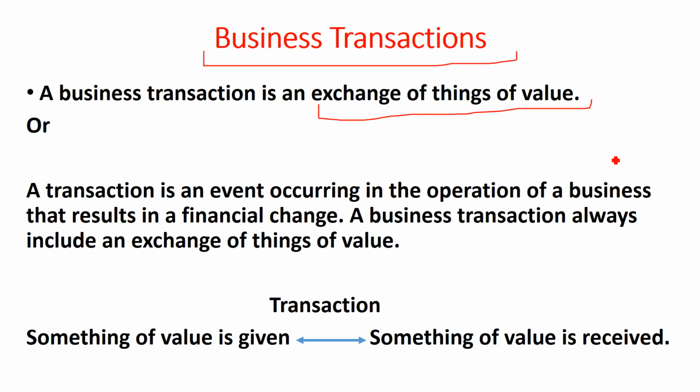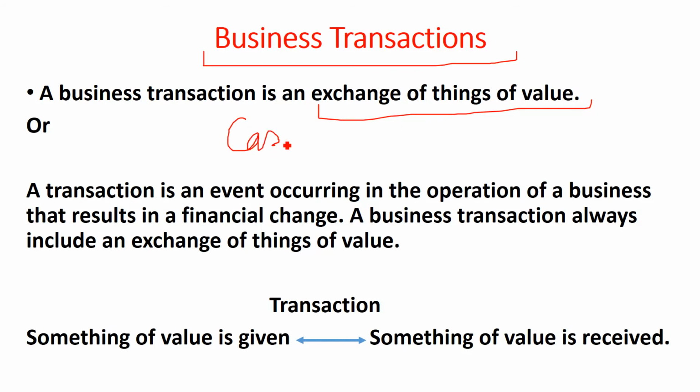In our daily life, when you go shopping or buy anything, these are also called transactions, because sometimes we pay cash and in return we receive something, we purchase something. Suppose we are going to buy some supplies, so we are paying cash.